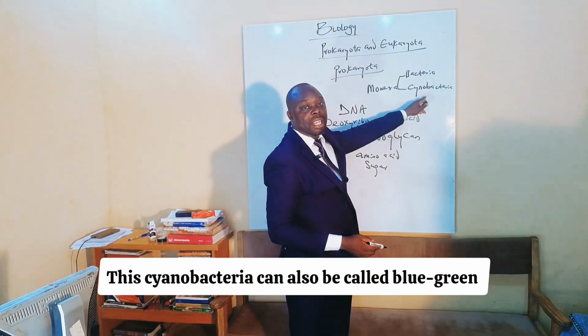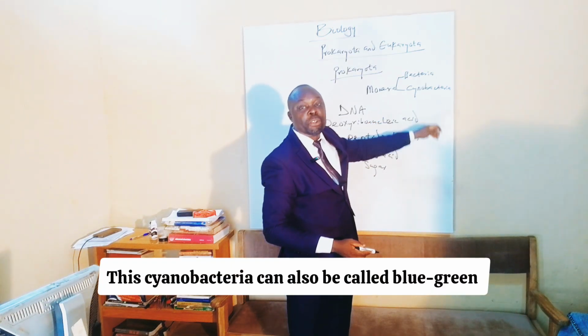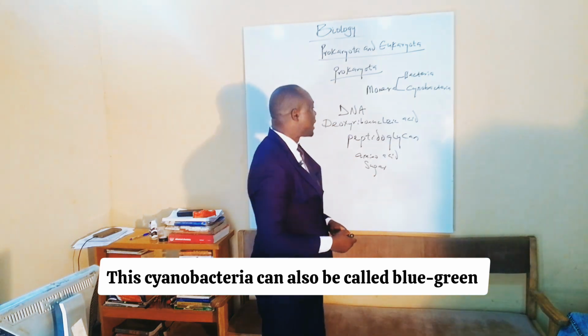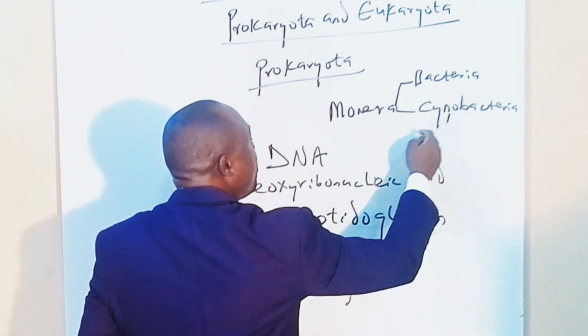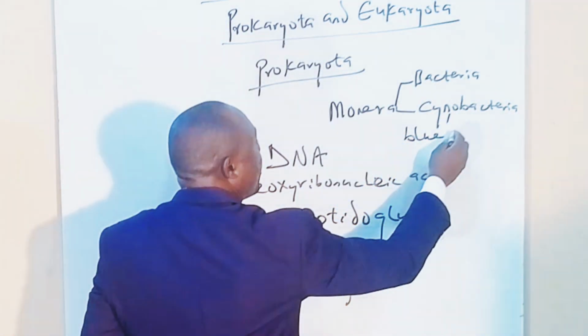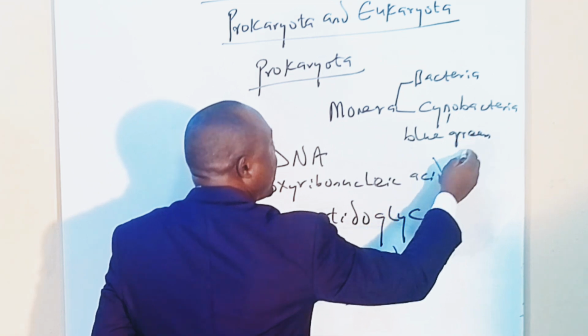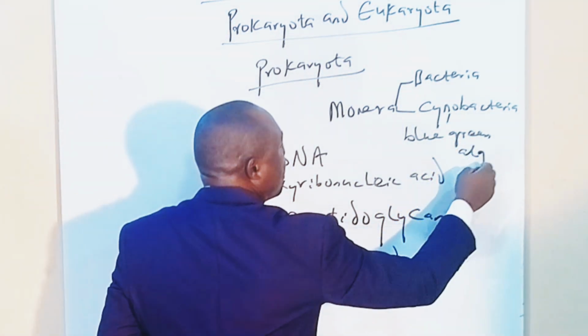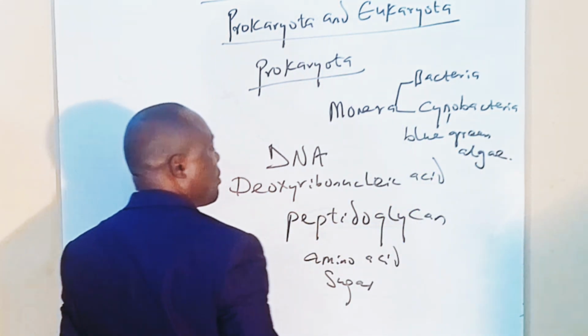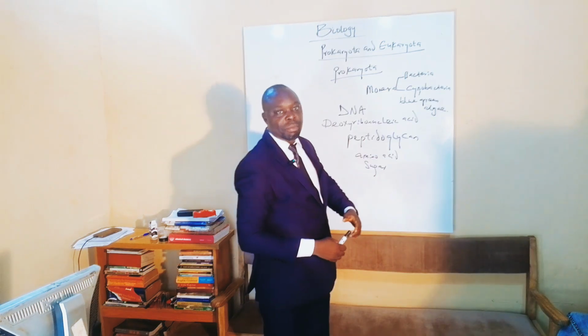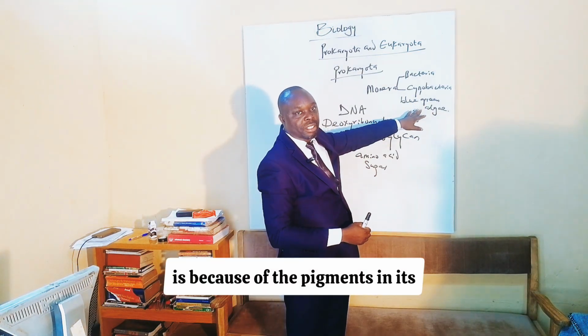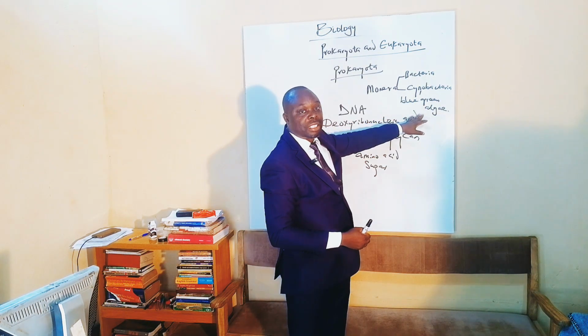These cyanobacteria can also be called blue-green algae. The name is because of the pigment in its cell.